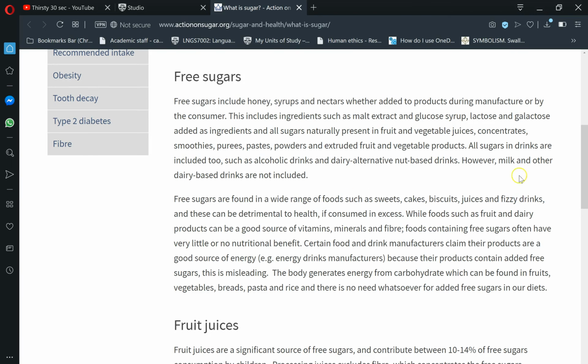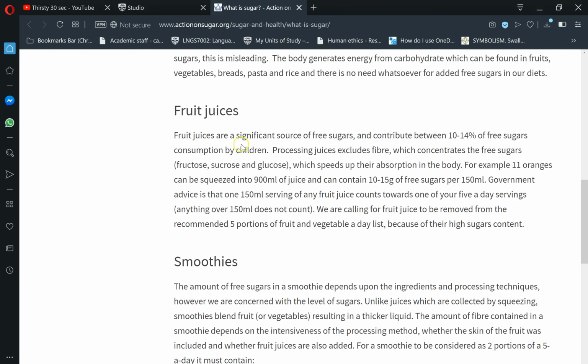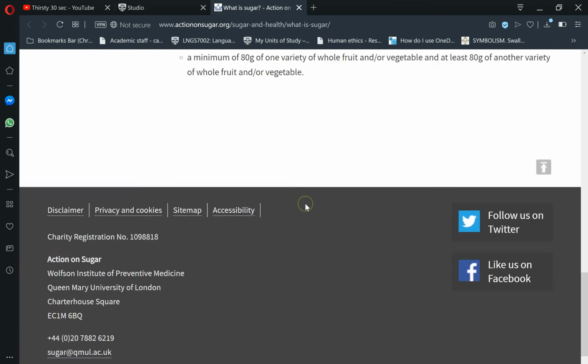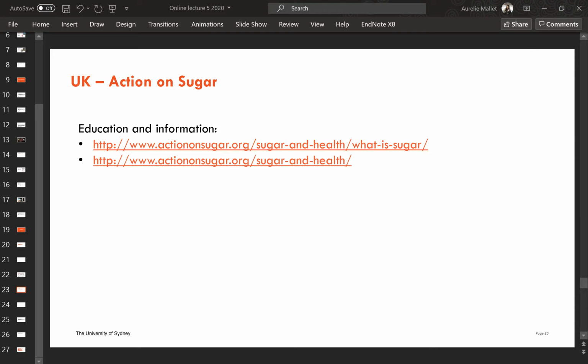And it tells you here again, milk and other dairy-based products are not included in the free sugar category, and tells you about some drinks that you might think to be healthy but in fact contain lots of free sugars, like fruit juices, unless you're making it at home, of course, smoothies, etc. So lots of educational stuff in this campaign.